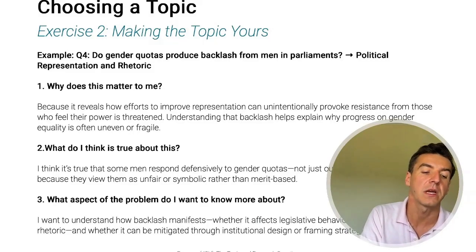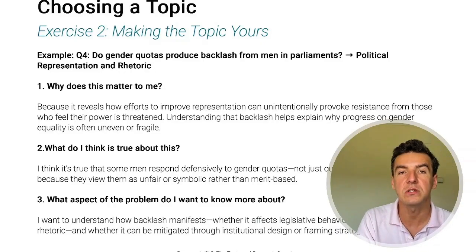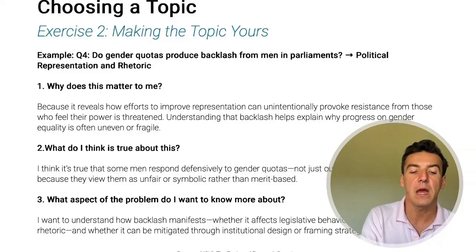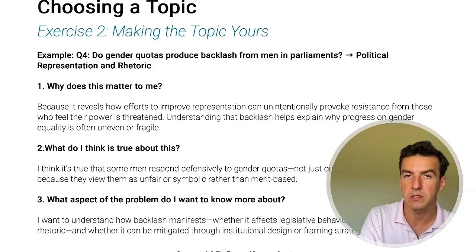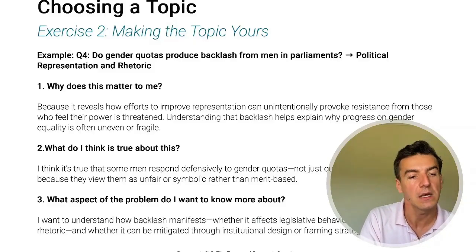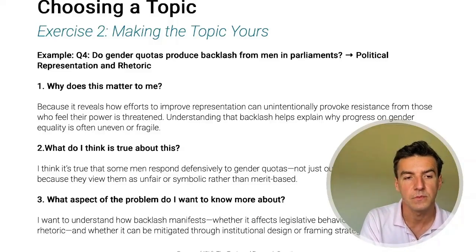You can say something like, I would like to understand how backlash manifests, whether it affects legislative behavior, cooperation, public rhetoric, and whether it can be mitigated through institutional design or framing strategies. This is the kind of answer I would like you to spend time coming up with. Feel free to pause this section in order to make the topic yours.